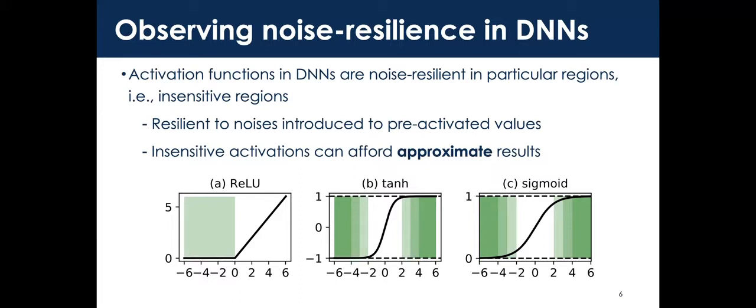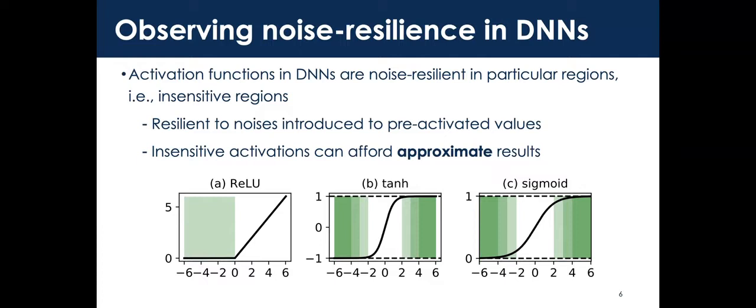Essentially, nonlinear activations have particular regions where, if we add noise to the input, the output activations are not affected. We refer to these regions as insensitive regions. We show three common activation functions in DNNs. The shaded green area is insensitive, and the darker green means more insensitive.